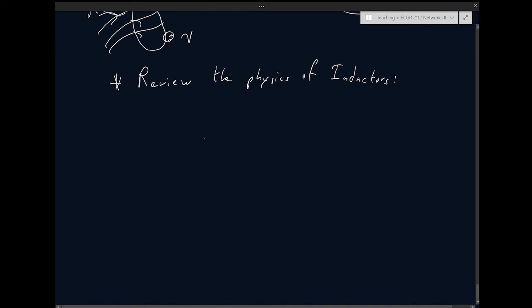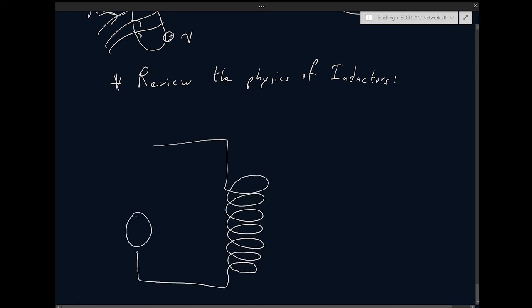So I have a wire, and I have a certain coil like this, and I have, let's say, n turns. Okay. So when I have a current, let's say I1 here, passing through this coil, this generates a magnetic flux, right?